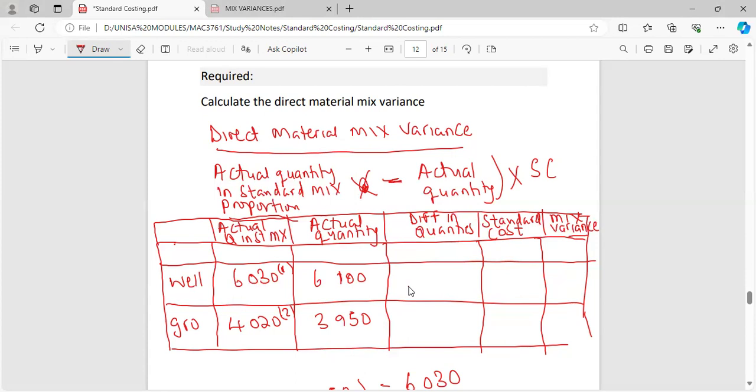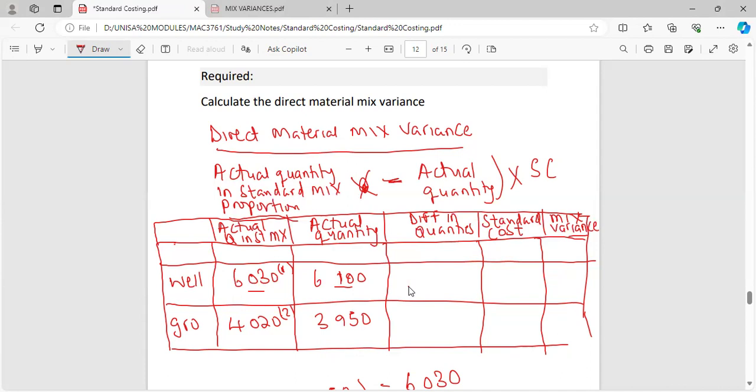Well, the same variances that we were doing. Remember, this is going to be our standard mix against the actual mix, and it's a cost variance. So which means we were budgeting for 6,030 and we now come and use 6,100.